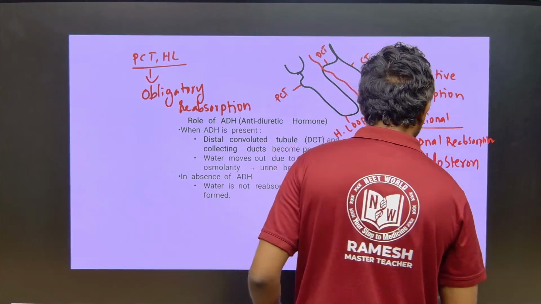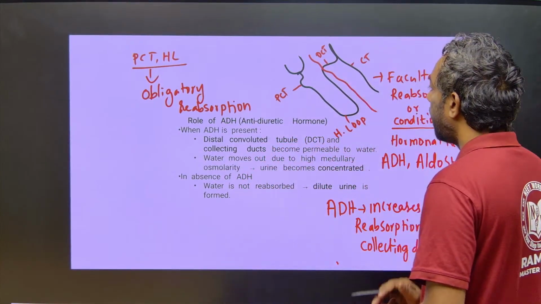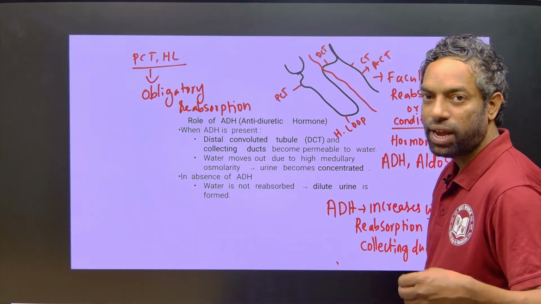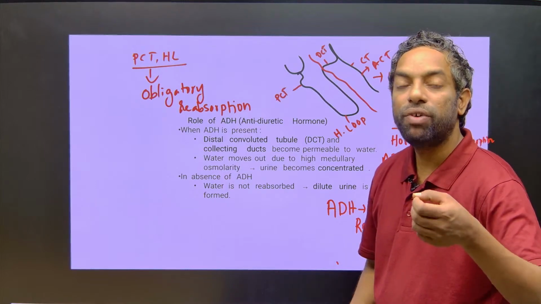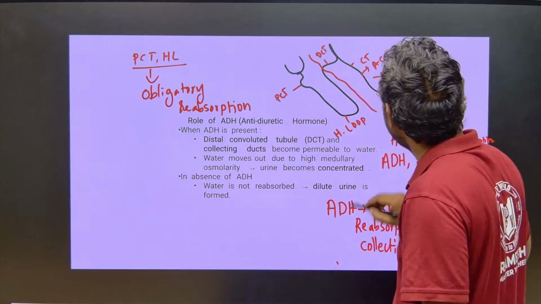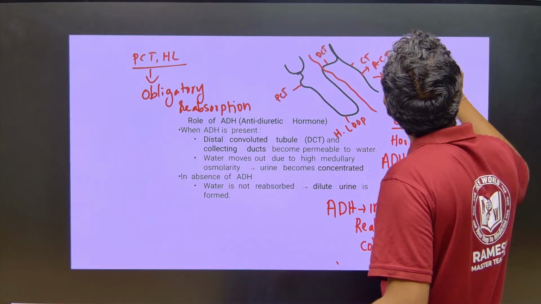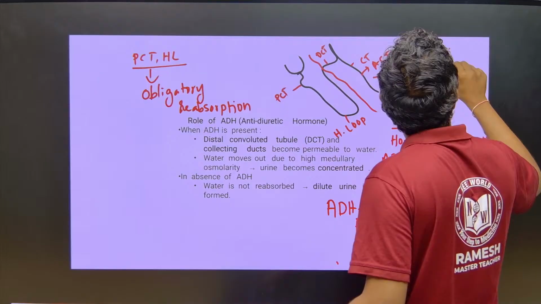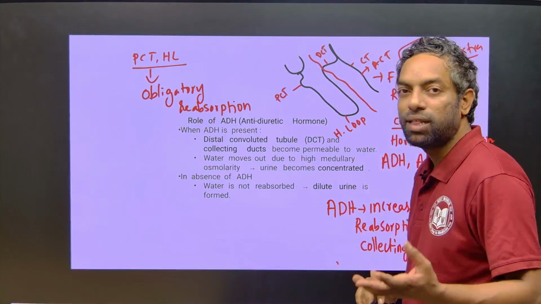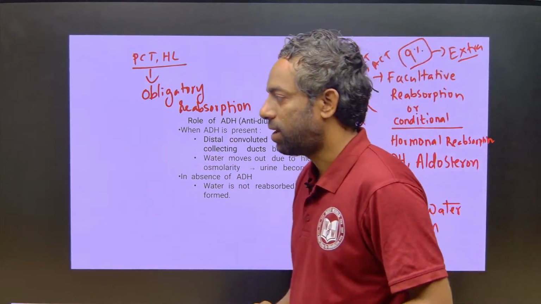Certain pores will open in the collecting duct. This is the area ADH acts on. If ADH acts, concentrated urine will be produced. That means reabsorption is going to take place, 9% extra reabsorption, in the presence of ADH hormone.